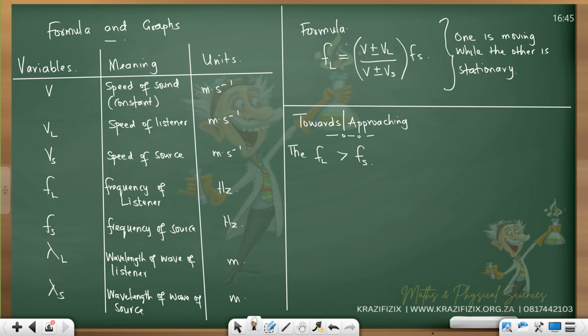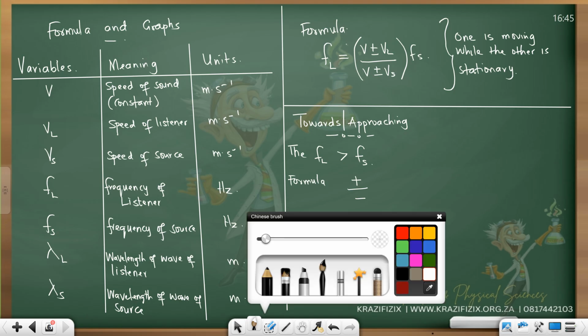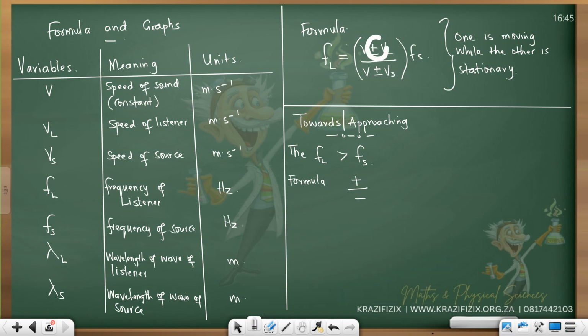The frequency of the listener is higher than the frequency of the source. And your formula would have plus and minus. All right, what do I mean by it? You would notice that we have plus or minus there, right?